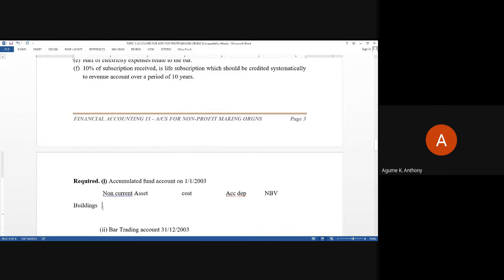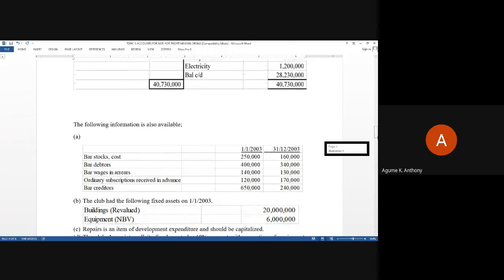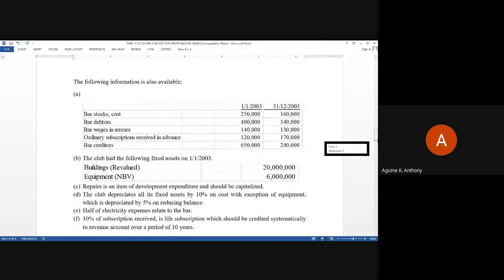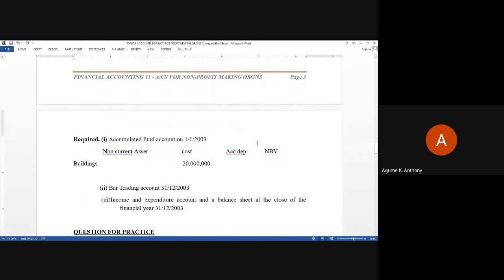So the cost of this building is 20 million, because it is here within the cost of the building is 20 million. Actually, it is cost slash valuation.